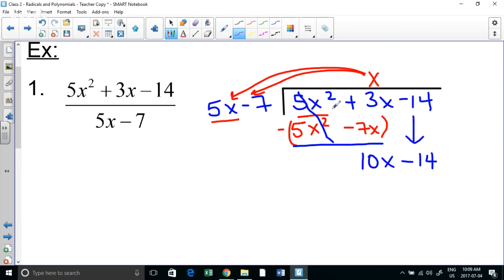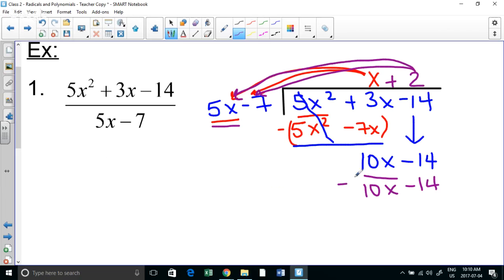Now, I repeat this process. I'm going to take the first term of my new polynomial and divide it by the first term here. So what is 10x divided by 5x? It's 2. I multiply by each term, so 2 times 5x gives me 10x. 2 times negative 7 gives me negative 14. Subtract.